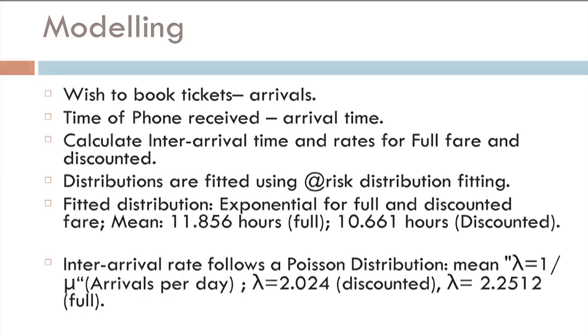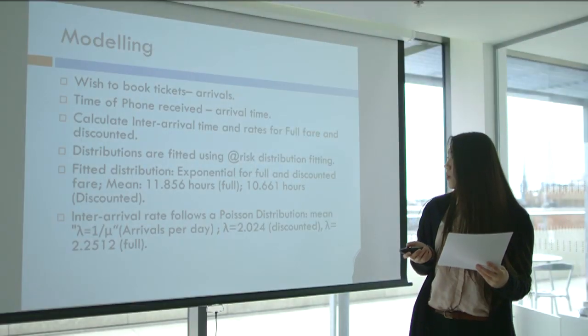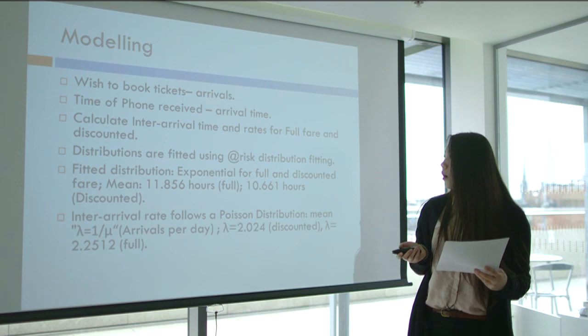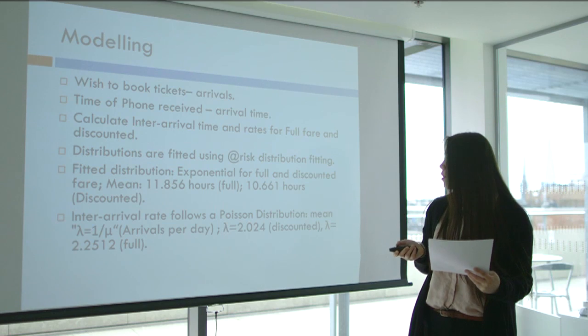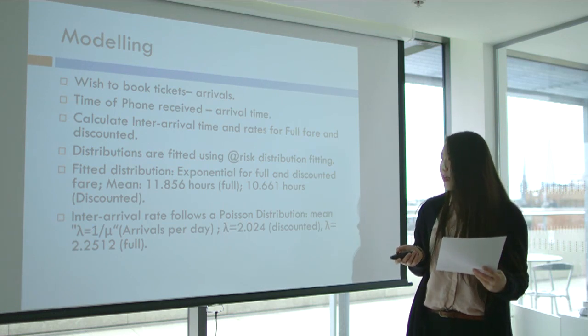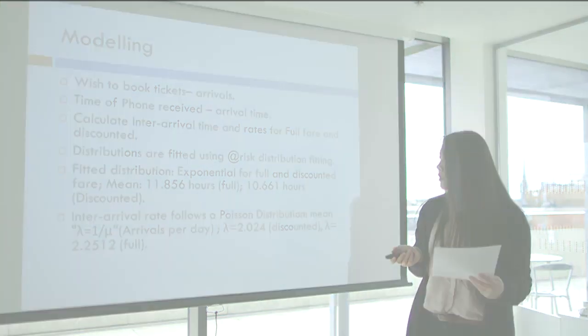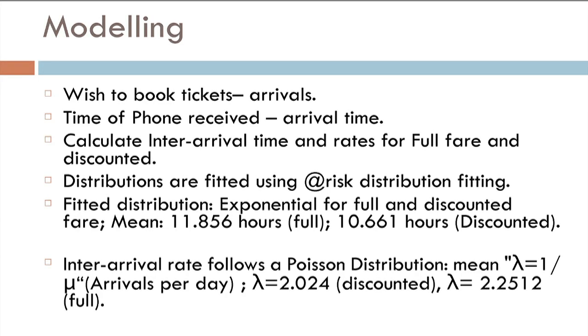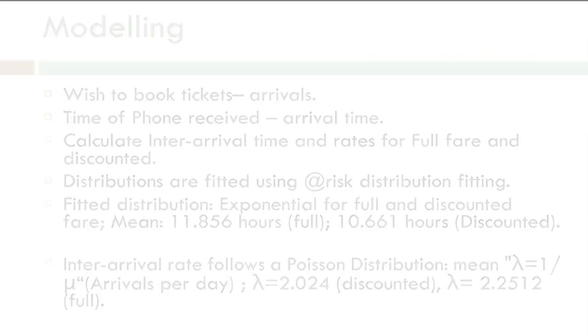The inter-arrival times are fitted to an exponential distribution with a mean of 11 hours for full fare tickets and 10 hours for discounted fare tickets, while the inter-arrival rates follow a Poisson distribution with a mean of 2 for discounted fare tickets and a mean of 2.25 for full fare tickets. The time unit we use here is per day, so the Poisson distribution measures arrivals per day.